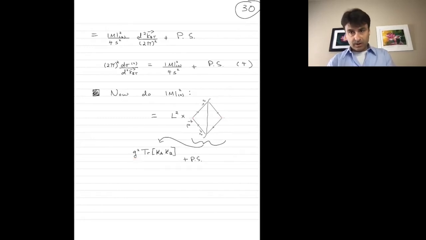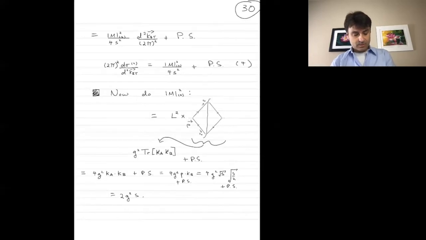And then if I don't care about anything that's power suppressed relative to the leading power in S, then I just get a trace of Ka slash Kb slash. And that is all just equal to this, again using the expansions that I know how to use. When I drop power suppressed corrections, that's just 2G squared times S. So very simple result for this. Again, make sure that you can check and do this yourself.